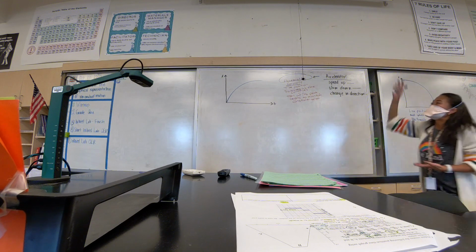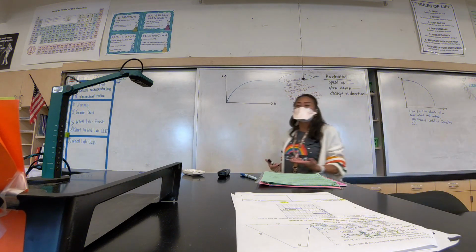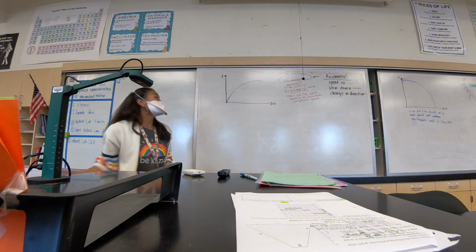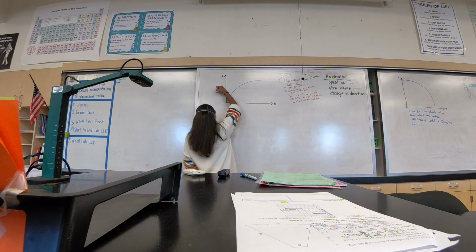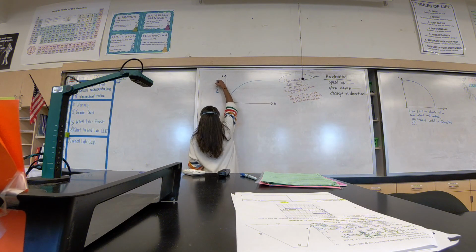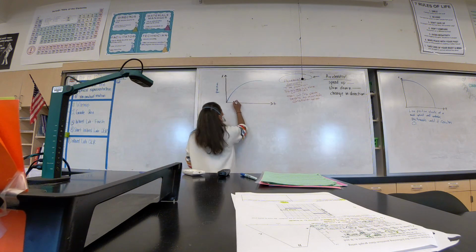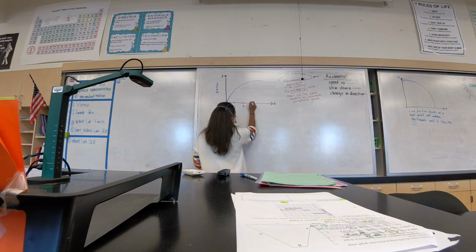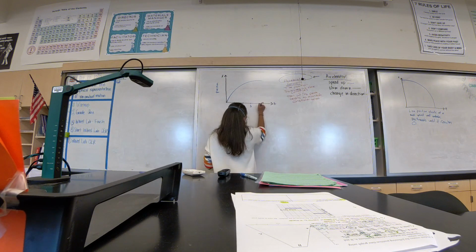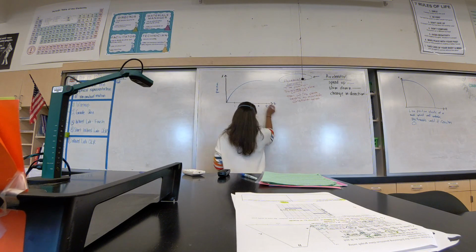Okay. Here's the way to analyze this. We know that this is the position. I'm going to write it down so that you don't get X confused. And this is my time interval. Let's say it's 1 second each time.